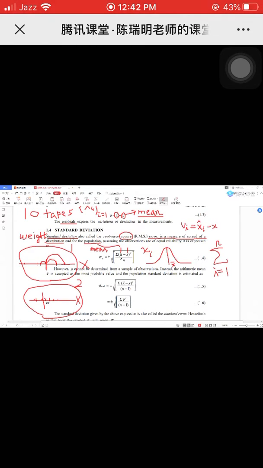So divided by n. Without dividing by n, it means what? It means the total deviation. But we don't care about total deviation. Why? Because we want to do comparison. For example, if we did a pinpoint here, and then for the second one I give him 20 taps rather than only 10 taps, so this person produced 10 observations and this one produced 20 observations.